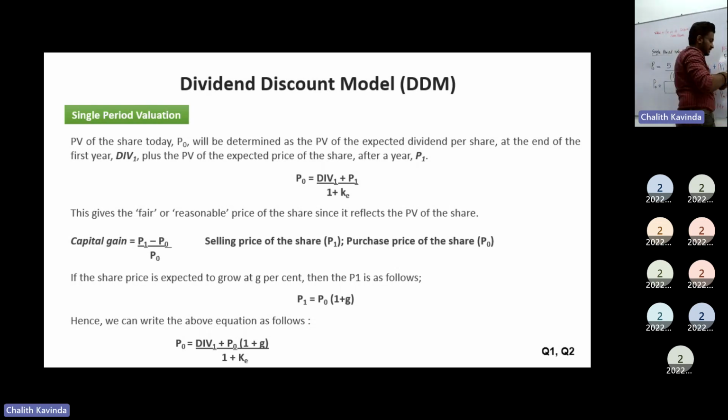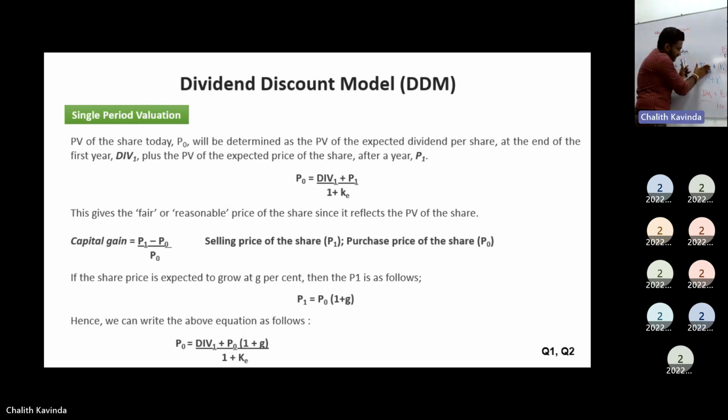So it's 50%, simply selling price minus purchase price divided by purchase price. Because this is your future value formula, the next year dividend plus selling price, you need to discount. Same thing. This is another way that you can calculate your selling price.